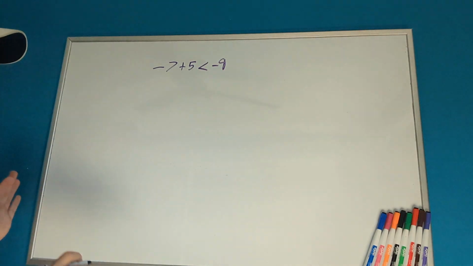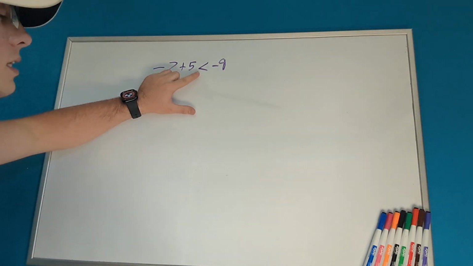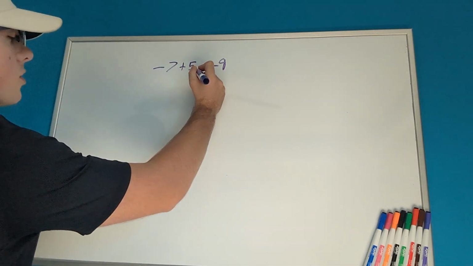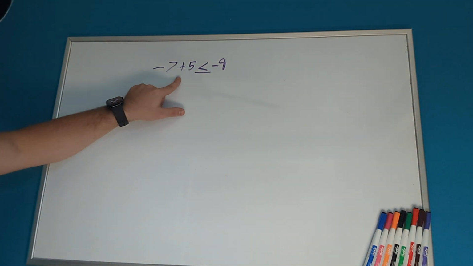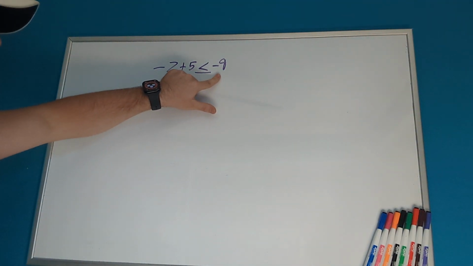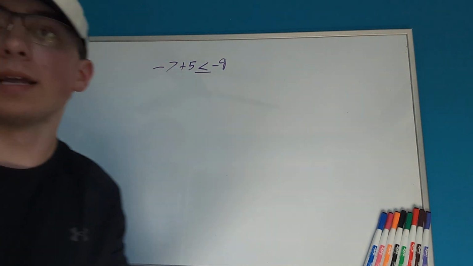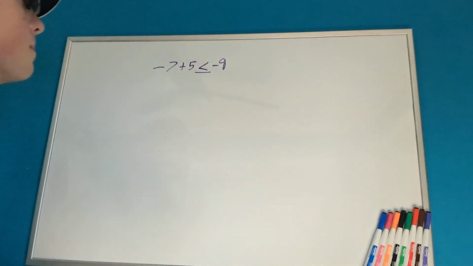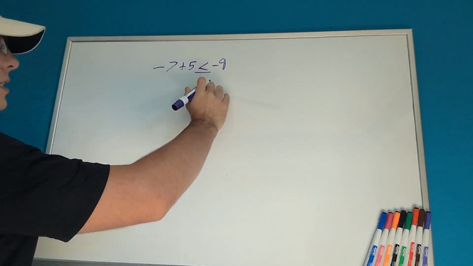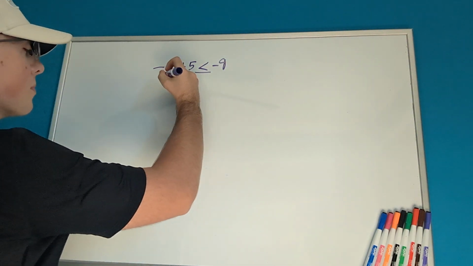And this time, though, see, we have this symbol here. We're going to draw a little line under it. That means that this is less than or equal to negative 9. That little line under it means or equal to, okay? So we just solve it the same way, but it means something slightly different.